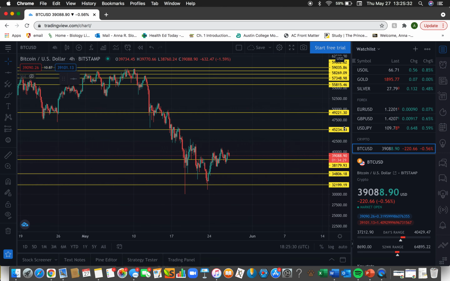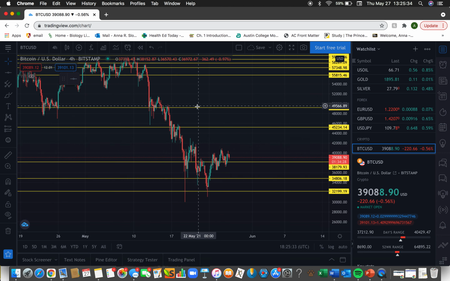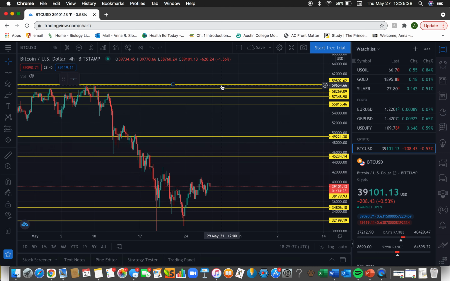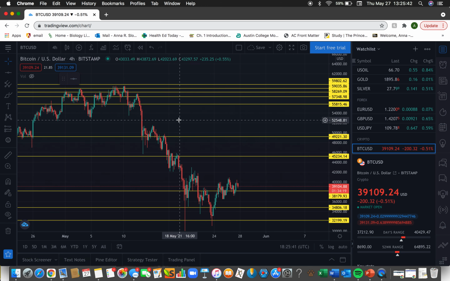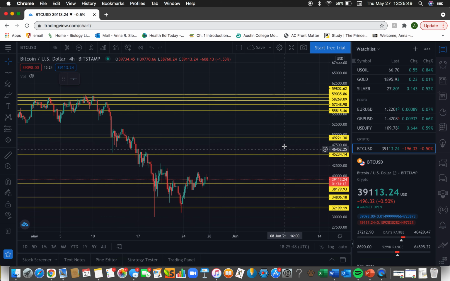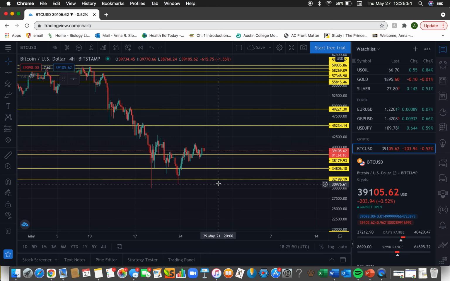Because remember, your weekly levels are your most important levels. As we can see, we got a lot of resistance levels up here, which is why we took this big dip. But if you would have had your market structure, you would have known the possible levels that we could have come down to, because they would have already been drawn out.